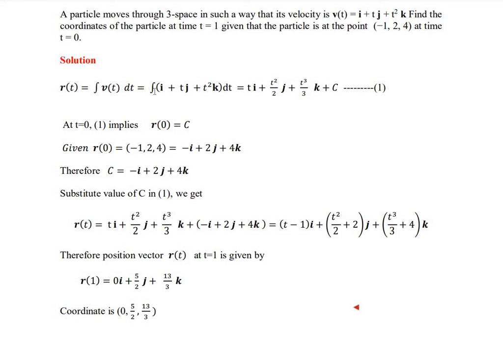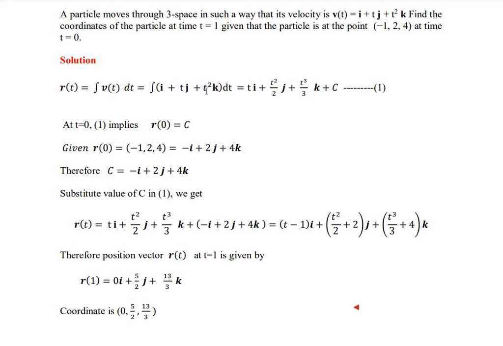So v(t) is given, and we find the integral component wise. Integral of 1 into i cap is t. Integral of t is t²/2 into j cap.